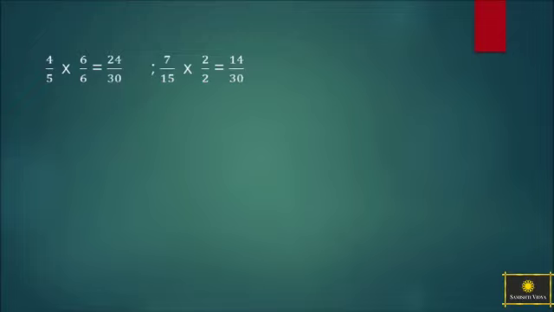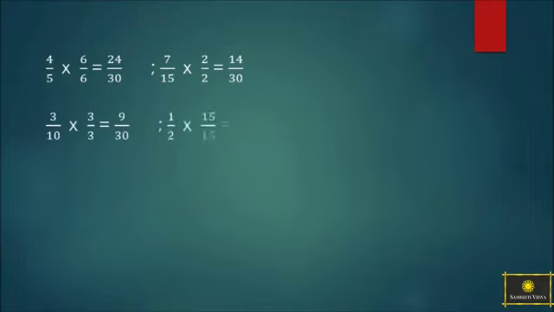So we get the equivalent fraction for 7 by 15 is equal to 14 divided by 30. When we convert 3 by 10 to an equivalent fraction with the denominator 30, we get the answer as 9 divided by 30. The equivalent fraction of 1 divided by 2 is equal to 15 divided by 30.